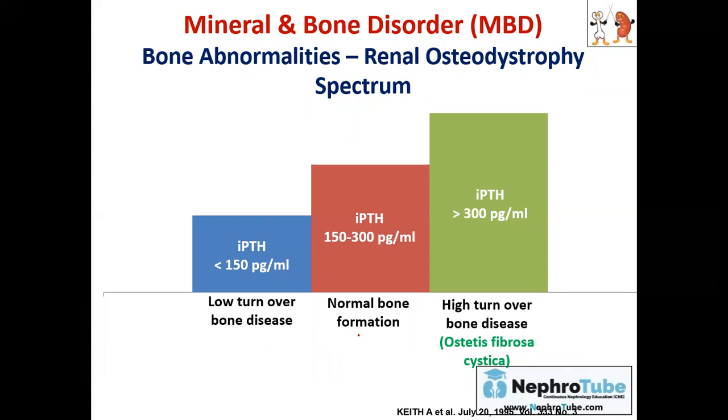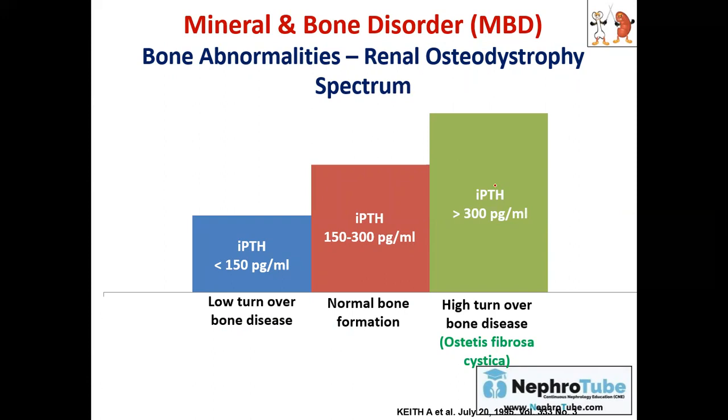So to maintain normal bone turnover, normal or near normal activity of osteoclast and osteoblast, we need the PTH to be between 150 and 300. If the PTH is lower than 150, the turnover of the bone will be low, with decreased activity of the bone cells.